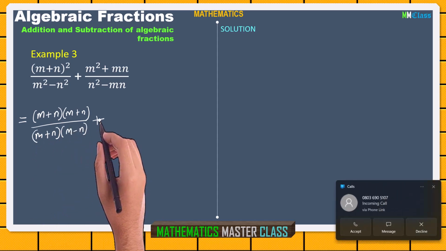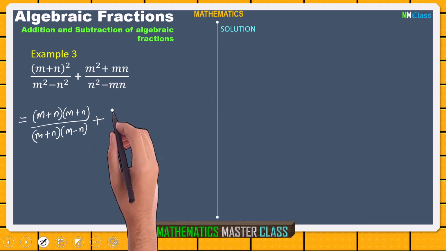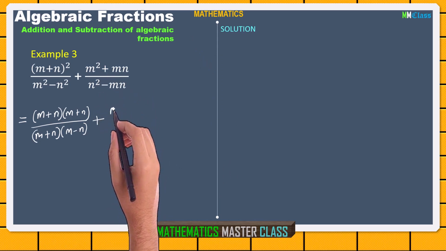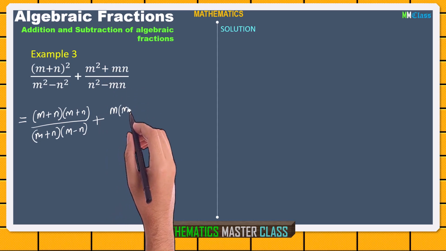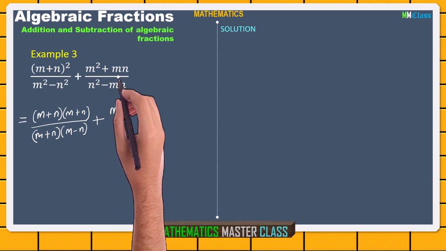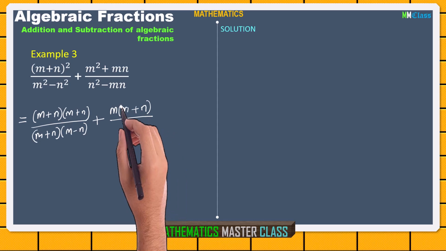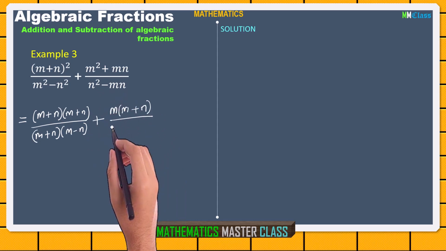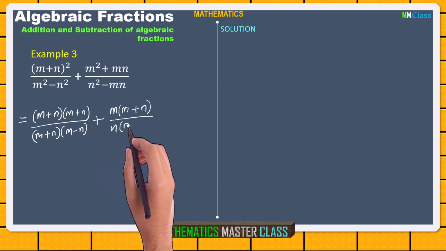Plus the factorization of the numerator here is m, open bracket, m plus, if this m goes into this mn, we are going to get n, all over the n square minus mn. N is common, we bring it out. N into n square will give us n.